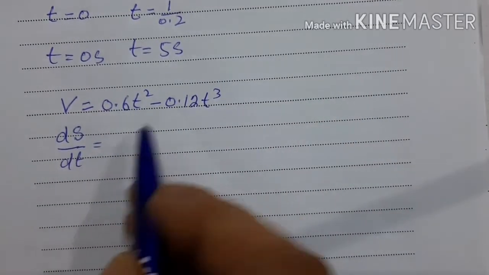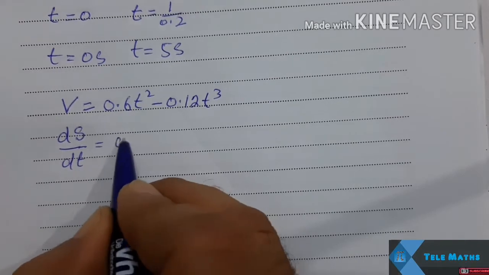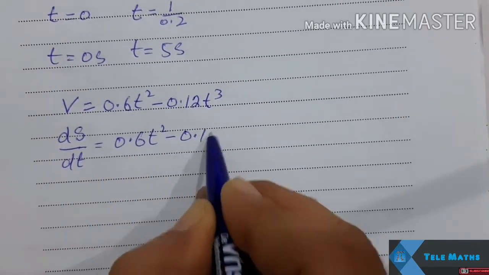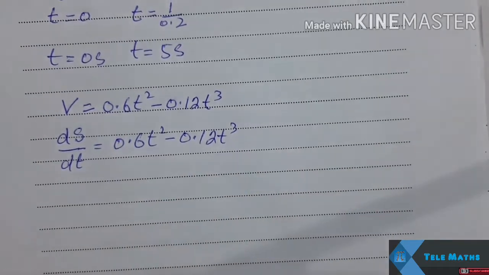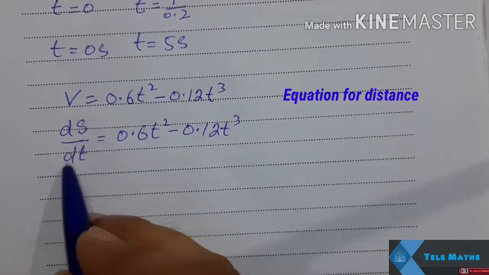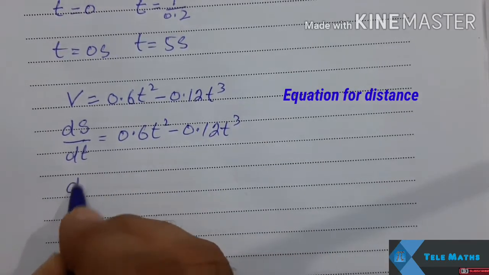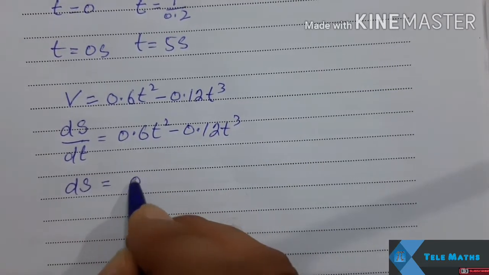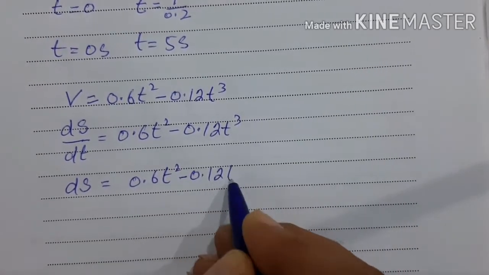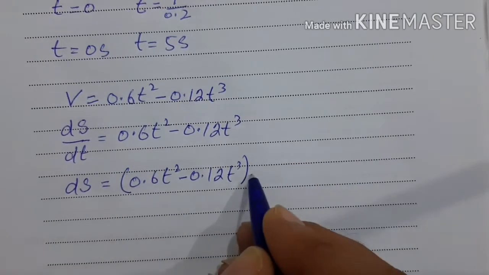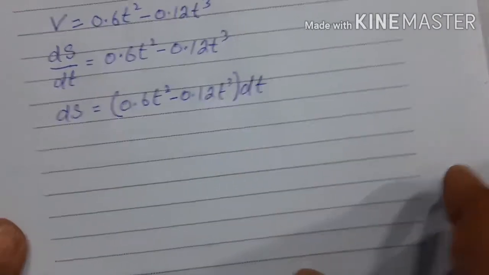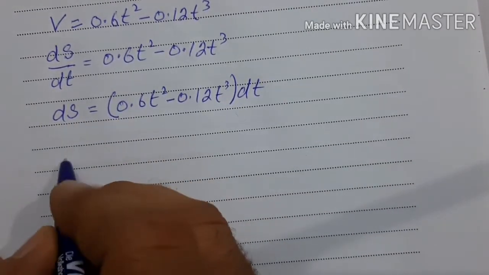So I can write ds by dt is equal to 0.6 t square minus 0.12 t cube. Now I am going to find the formula for distance. So take dt on the other side. So ds is equal to (0.6 t square minus 0.12 t cube) dt. Now take integration of both sides.